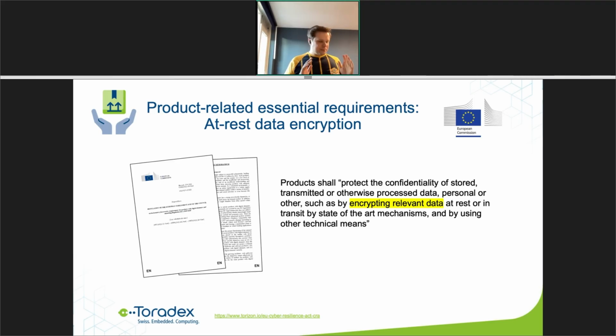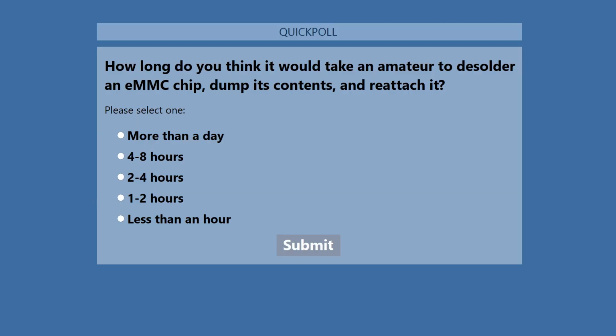Okay, so when we're talking about encryption at rest, what is the threat we're actually looking at? I mean, there's various ones, but when it comes down to it, the threat is somebody dumps the data off of the internal storage of your device, and if you happen to be using an SD card or something like that, it's very easy to just go and read the contents.